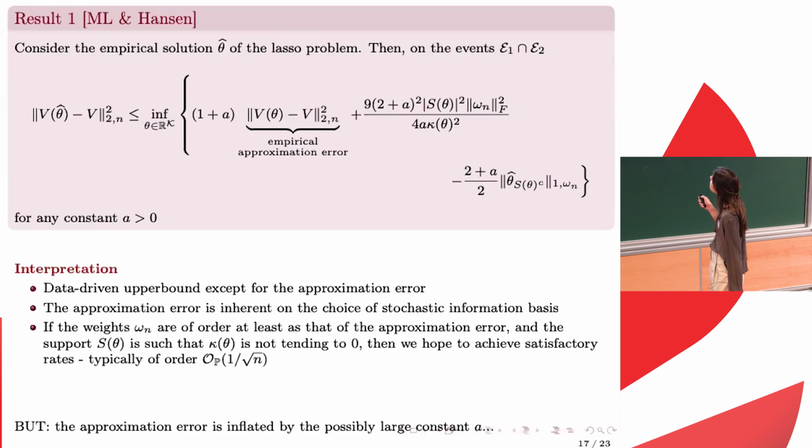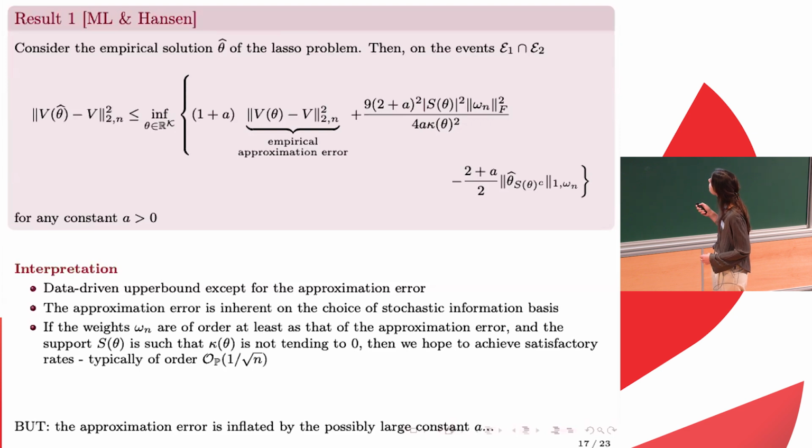So here you have the empirical approximation error, which means how good my model is at approximating my unknown process V. Okay, and then you have some data-driven terms.